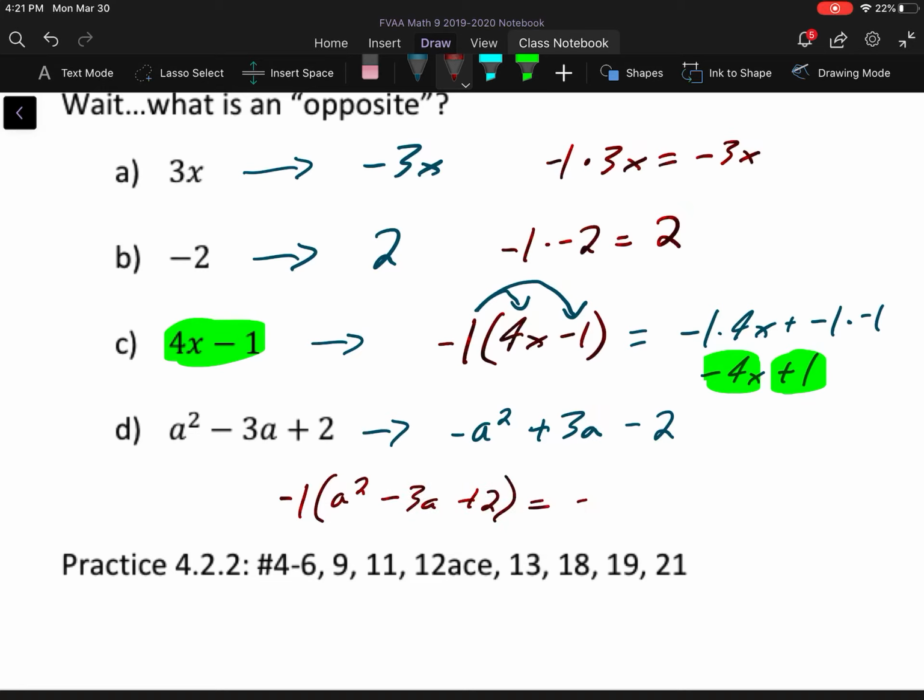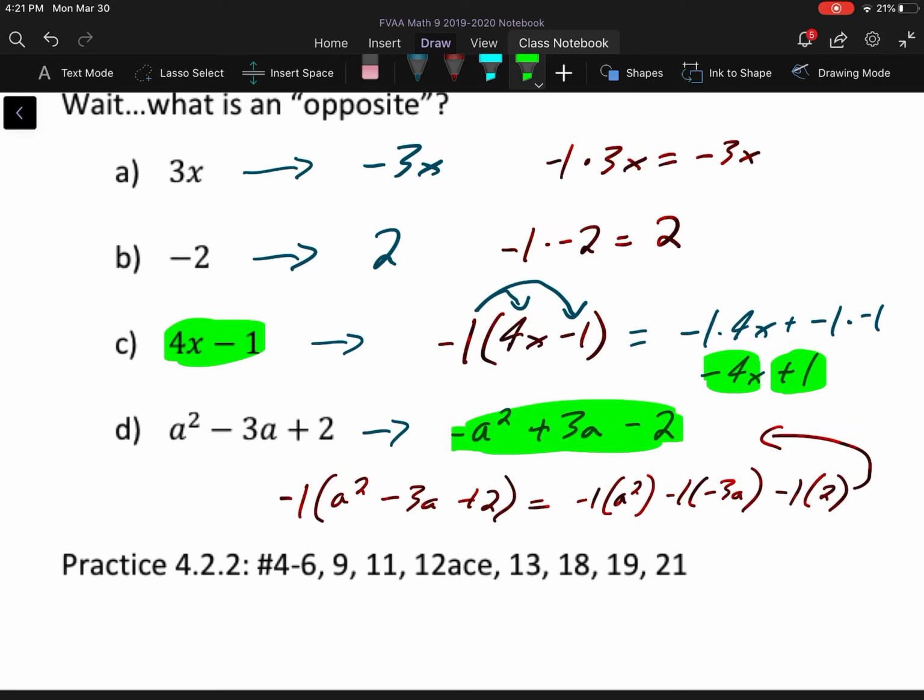So it's negative 1 times a squared, and then negative 1 times negative 3a, and then negative 1 times 2. And you'll see that it gives you what we came up with for our answer for what is the opposite. Okay, so it's the opposite signs for the coefficient of the terms that you have.